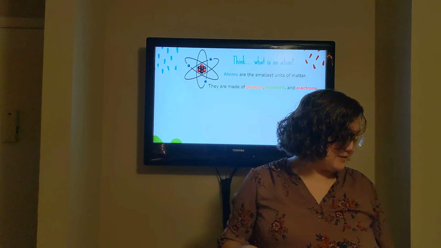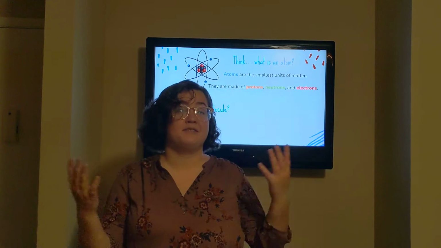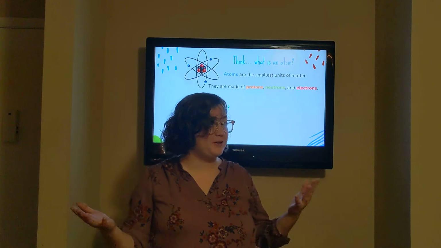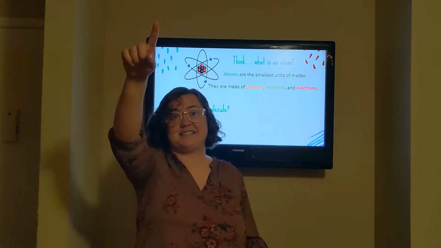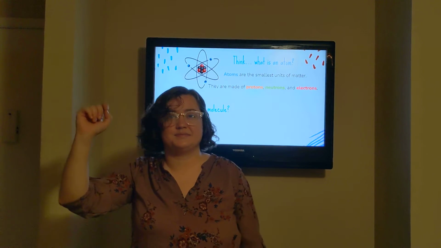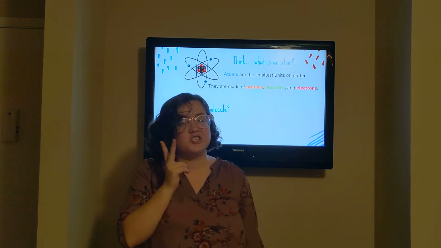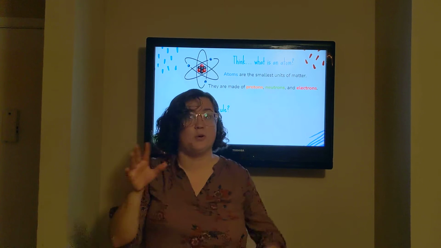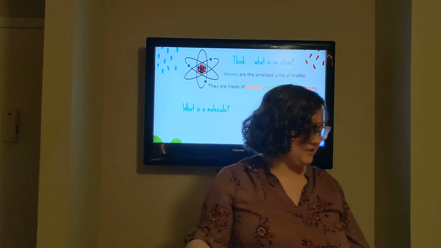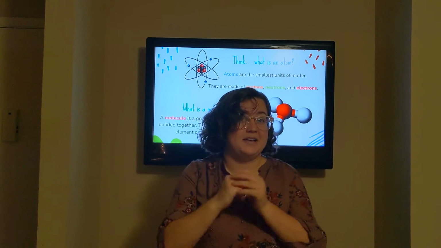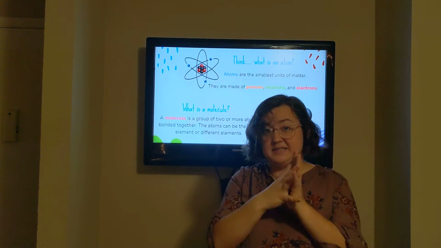So what else? We have the molecule, right? So what is a molecule? It's two atoms stuck together. So it's not necessarily just two atoms, right? It could be two or more atoms. A molecule is two or more atoms bonded together.